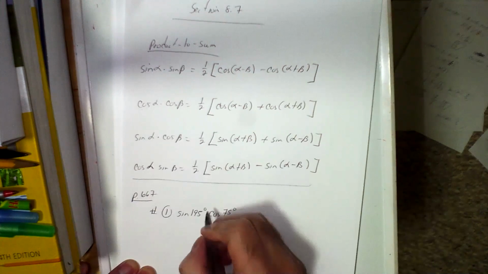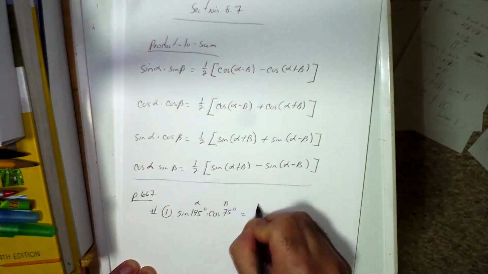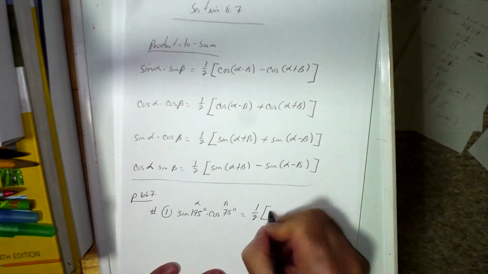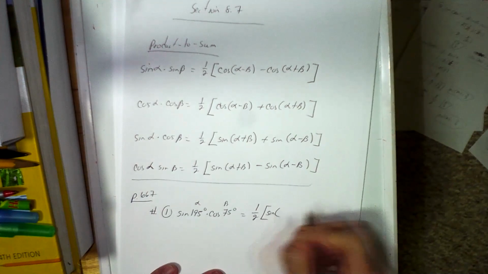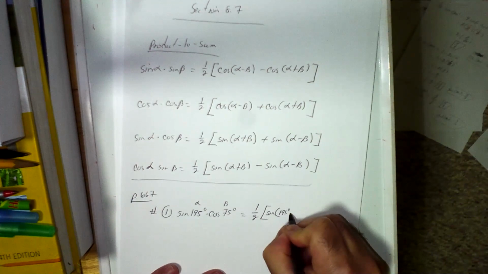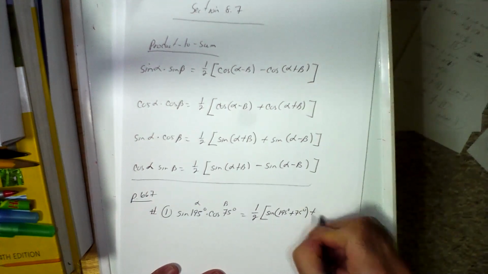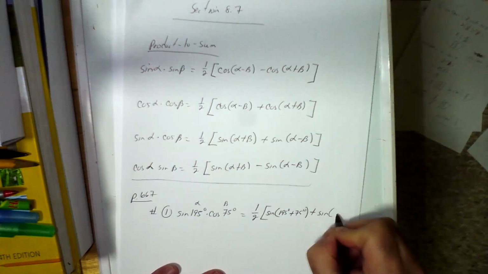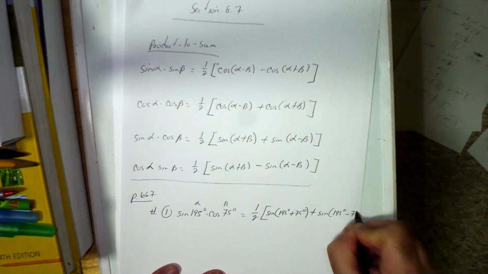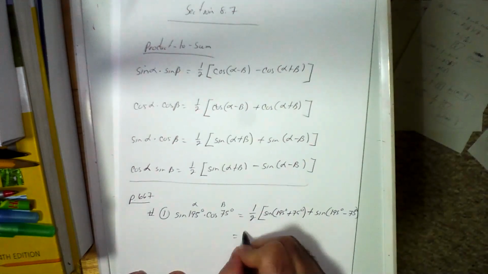And so you plug it in, right? So it's 1/2 bracket sine of 195 degrees plus 75 degrees, close, plus sine 195 degrees minus 75 degrees. And then you simplify it.